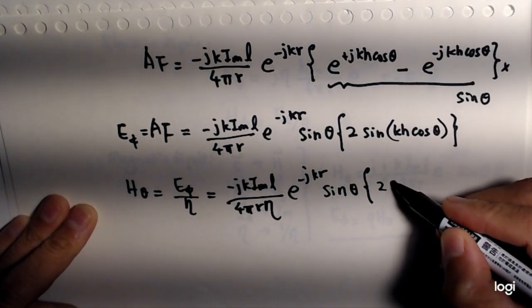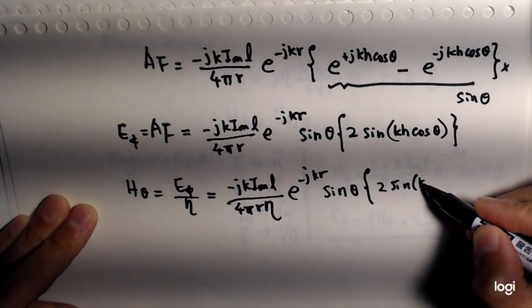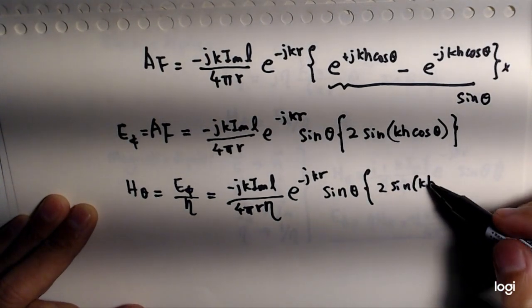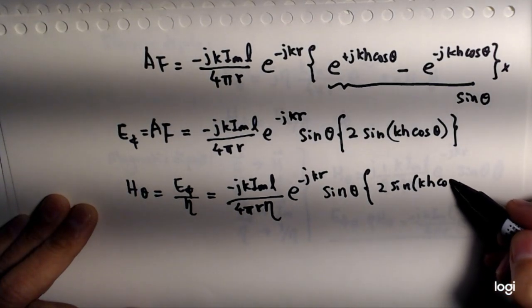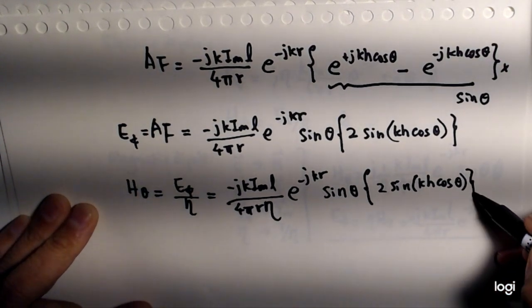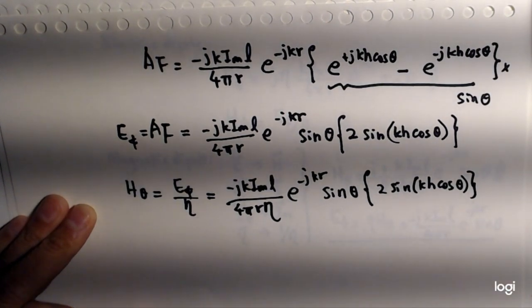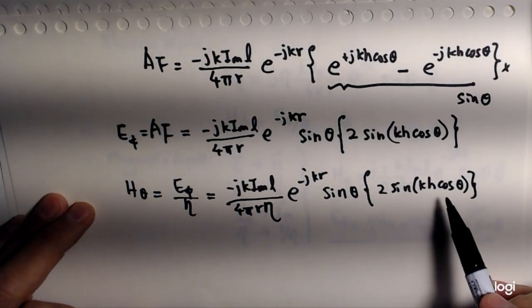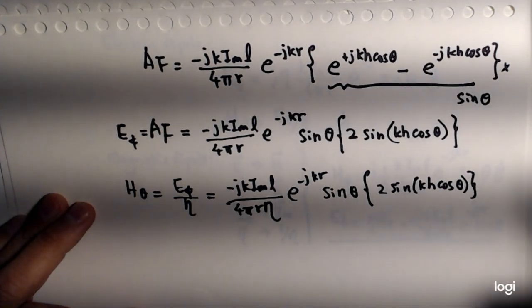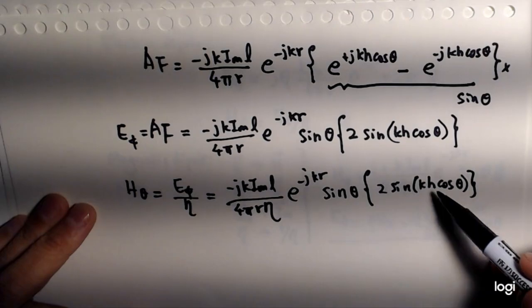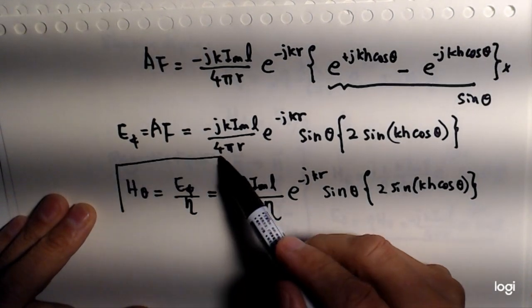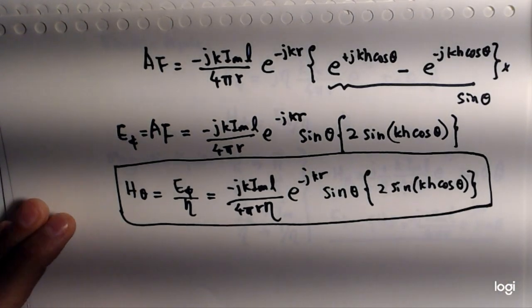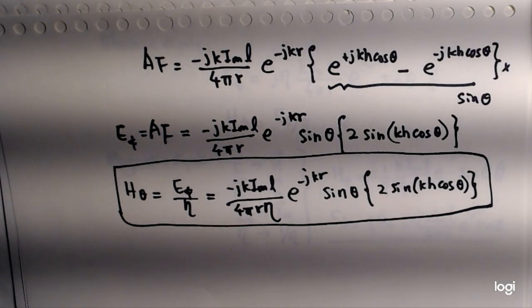There are many things you can do at this stage. K is known, 2 pi divided by lambda, but H is not known. You can either use this expression to find out all the nulls if H is known, or otherwise you can use the particular position of a null and then find out the required height of the magnetic dipole. Magnetic dipole means the current loop. Okay?